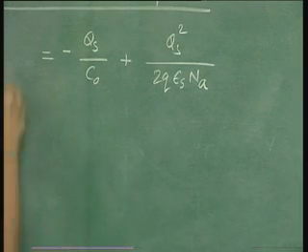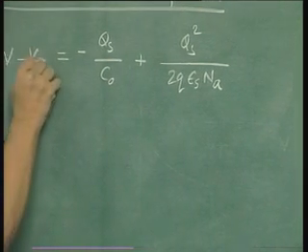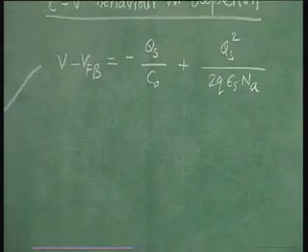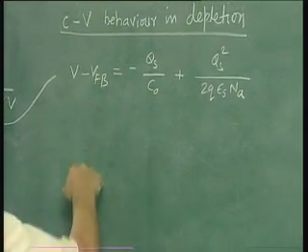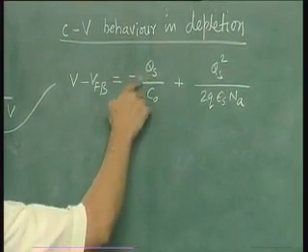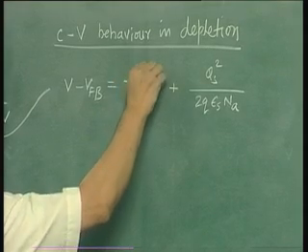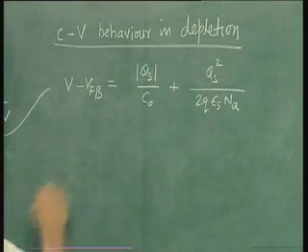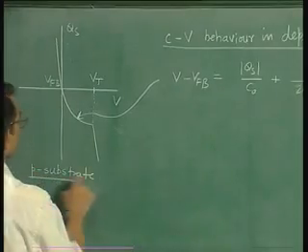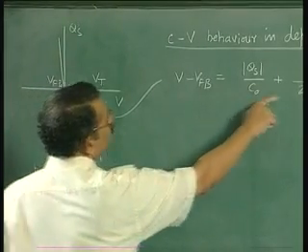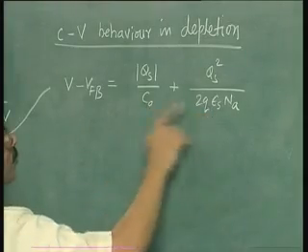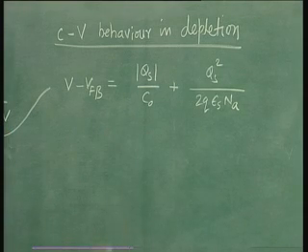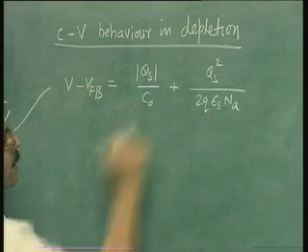This is for an ideal capacitor. For a real capacitor, you subtract flat band voltage from here. Now it is useful to write this formula in terms of the modulus. When you take the modulus, you can remove the negative sign, because when you take a p-type substrate, these two terms are both positive. They represent the potential drop in the oxide and in silicon.